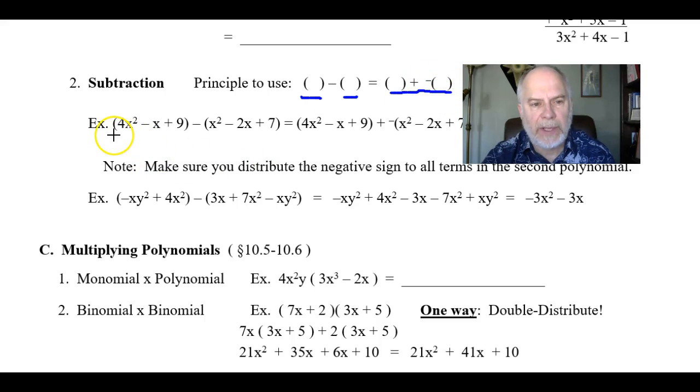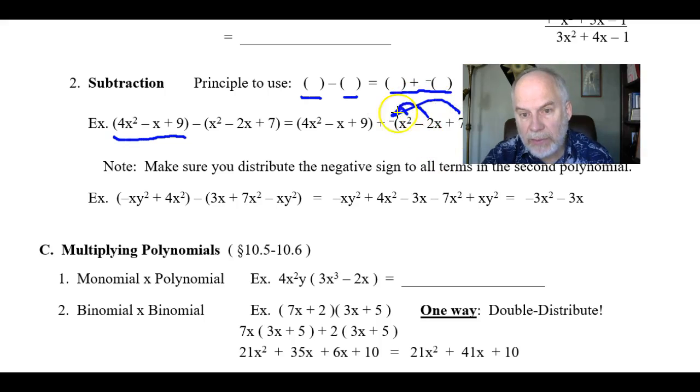So for example, if we have this polynomial minus a second polynomial, we can write it as plus the negative. You see right here where we wrote it as the first polynomial plus the negative of the second polynomial. And then we're going to just distribute that negative sign, which you can treat like a negative 1.